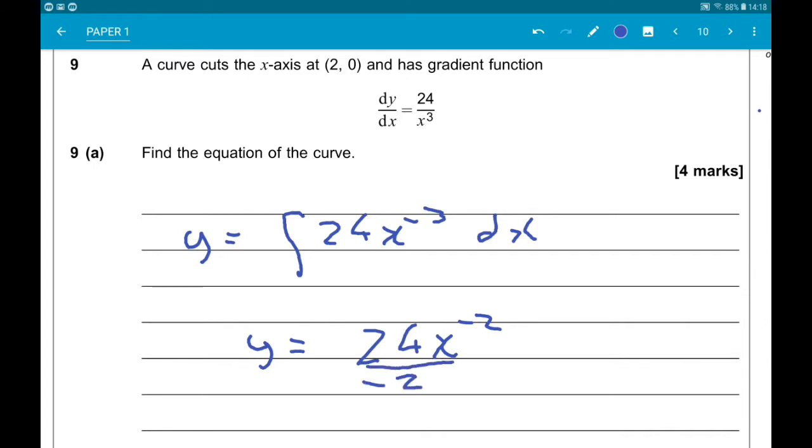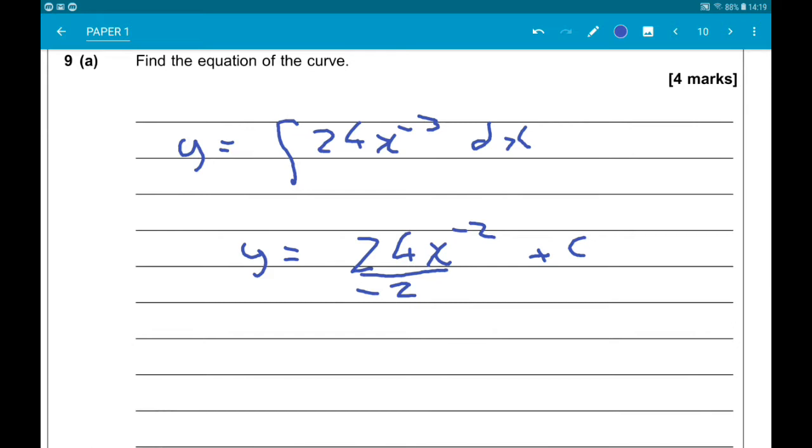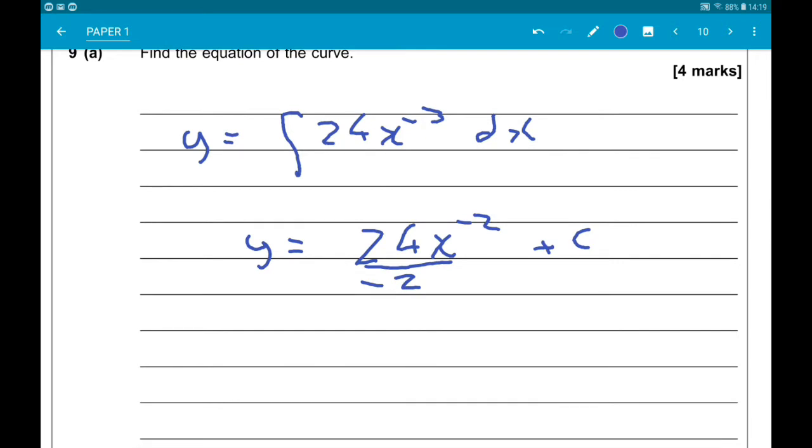Now it's an indefinite integral, so we need the plus c. Okay, now 24 over minus 2 is minus 12. X to the minus 2 means 1 over x squared. So we can say y is minus 12 over x squared plus c.